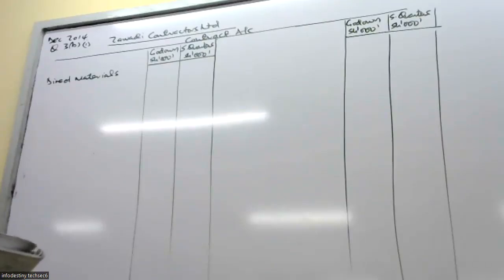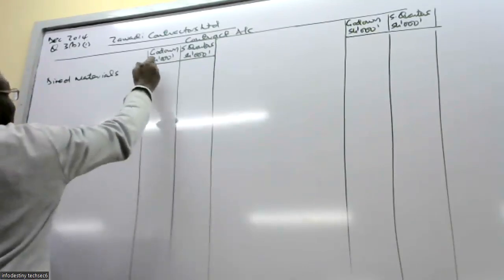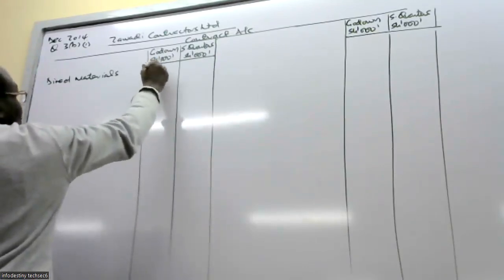Then your materials transferred out, you subtract, minus 15,000. Material sales, you subtract 5,000. Then materials at the end of the year, balance carried forward is 31, you subtract. What you have is 90,500.